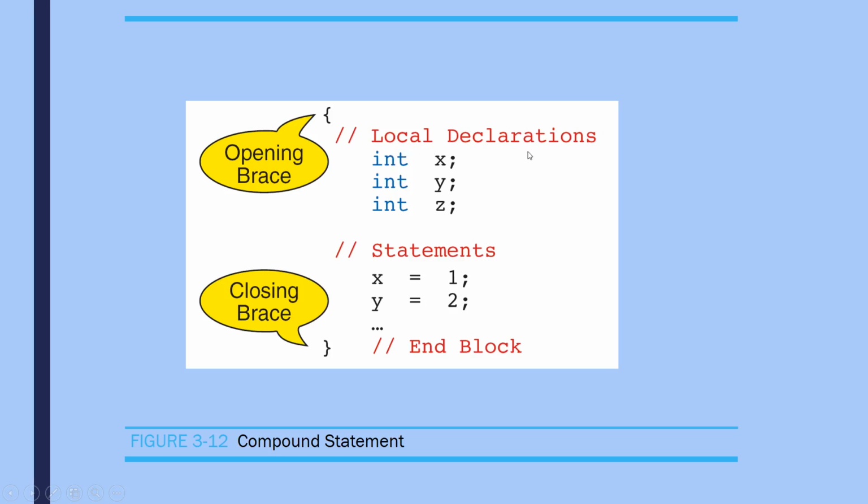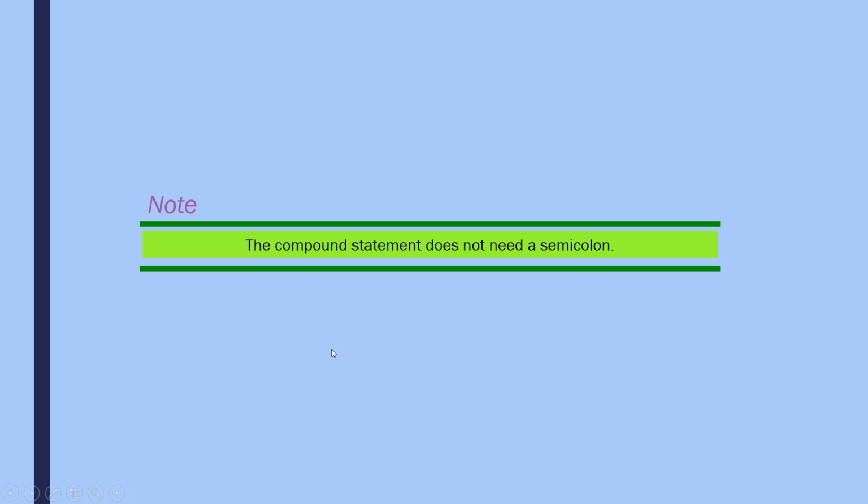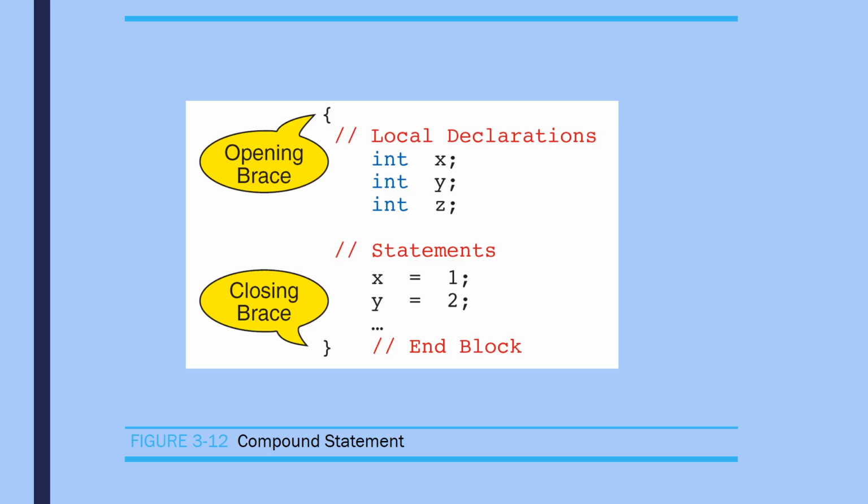Like we have here the local declarations of integers x, y, and z, and the assignment statements x is equal to 1 and y is equal to 1. So this means that the compound statement started here and will end here. So the compound statements do not need a semicolon, just here at the end of the block.